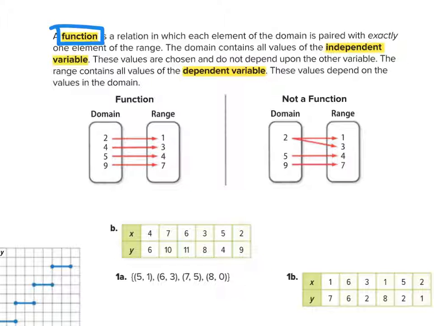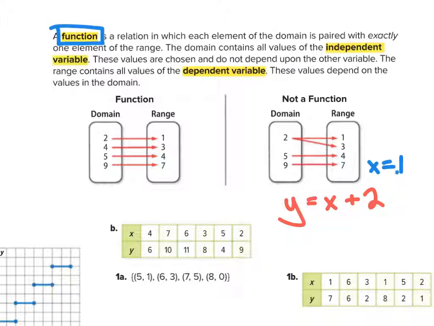Now in math, we can think of functions where we put an x in and we get a y out. If I'm told something like y equals x plus 2, that means for all of my x's, I add 2 to that and then I get my y. So pretend that x equals 1.